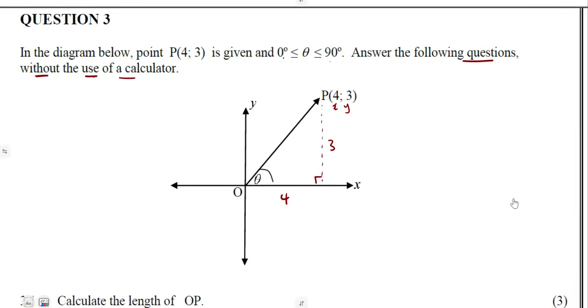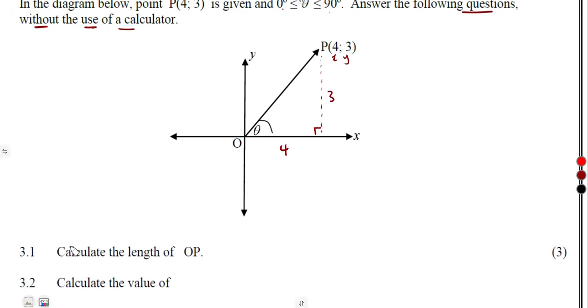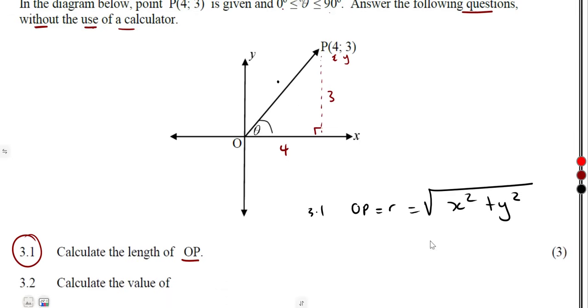The first one, 3.1, the length of OP. So OP represents the hypotenuse. That's our R, the hypotenuse, which is the square root of x squared plus y squared.